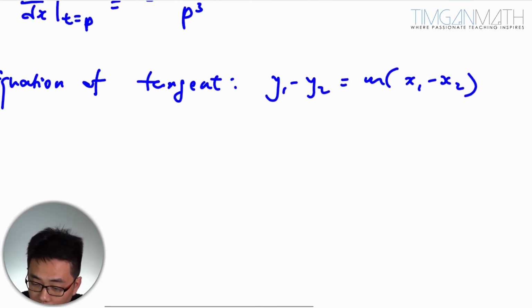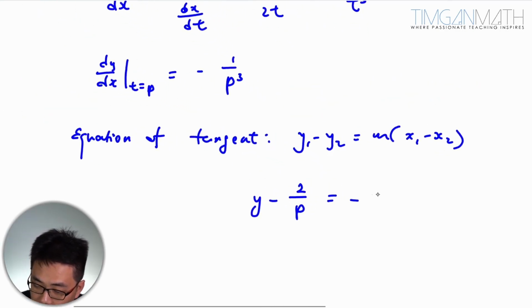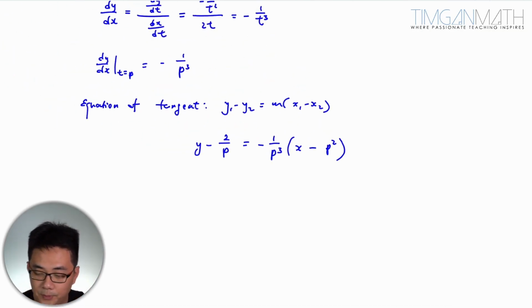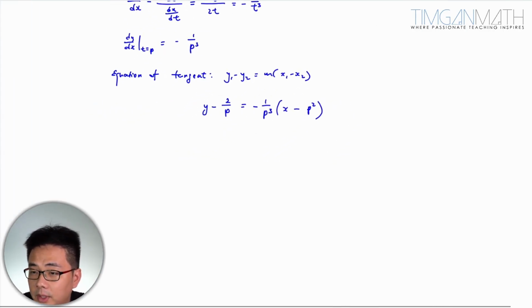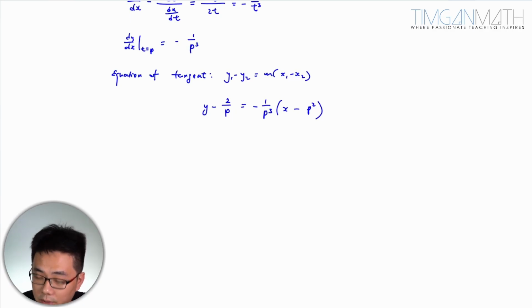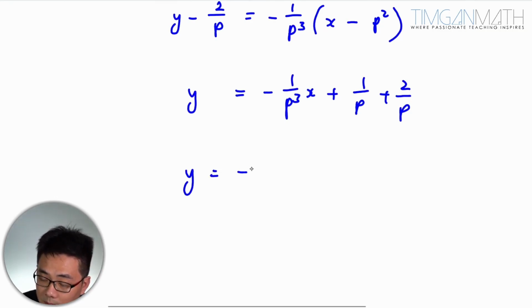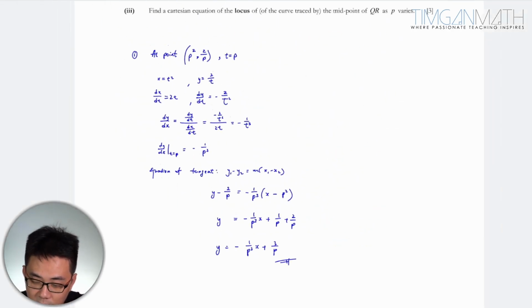So y minus 2 over p equals negative 1 over p cubed times x minus 2p squared. Multiplying this in, we get 1 over p cubed x plus 1 over p plus 2 over p, so y equals negative 1 over p cubed x plus 3 over p. This is the equation of the tangent in terms of p.